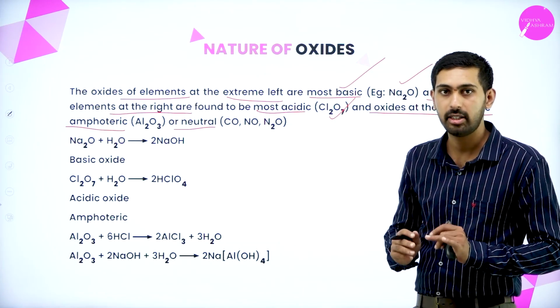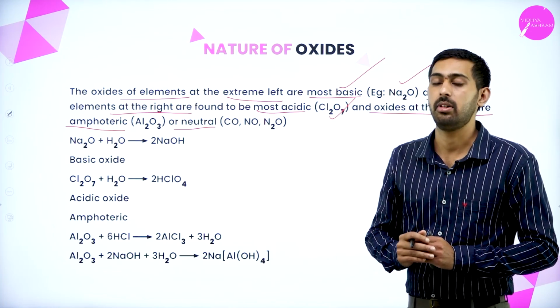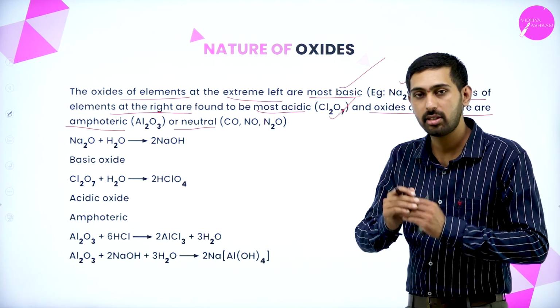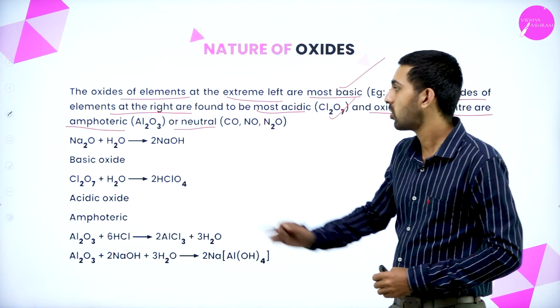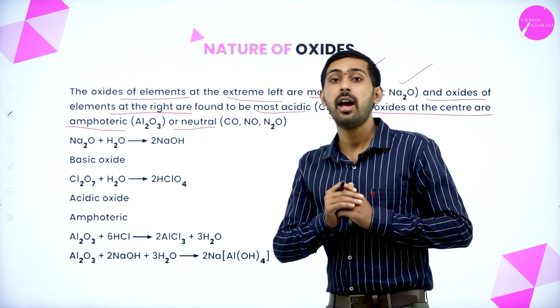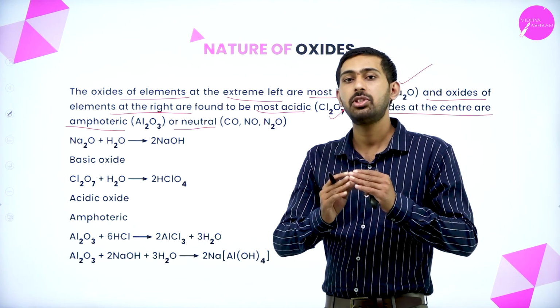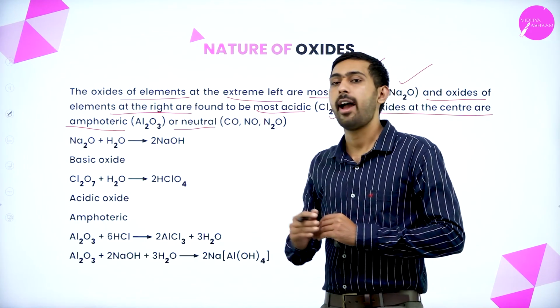Second, those on the right are acidic. Next, those at the center are amphoteric. What do you mean by amphoteric? Elements which show properties of both acidic and basic are called amphoteric.